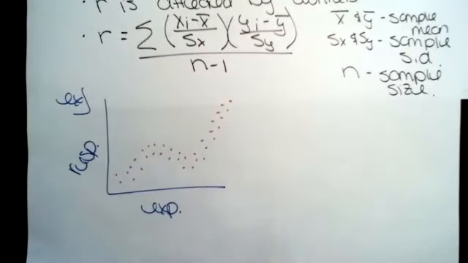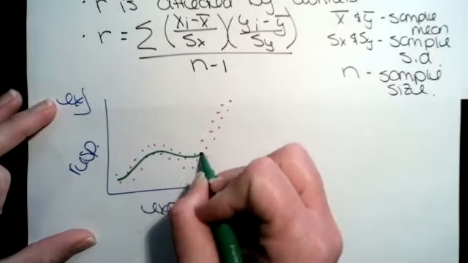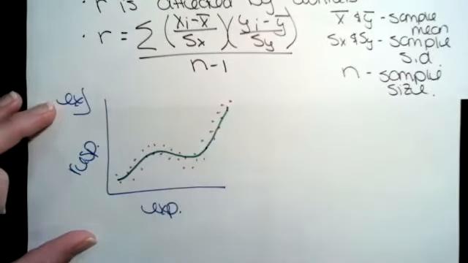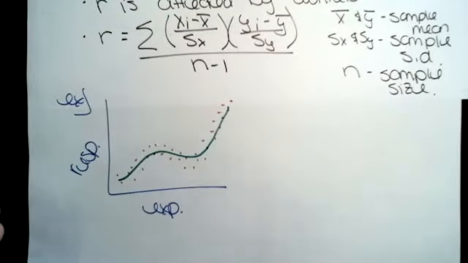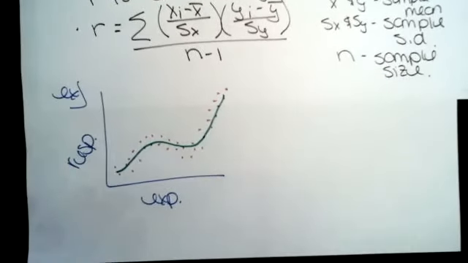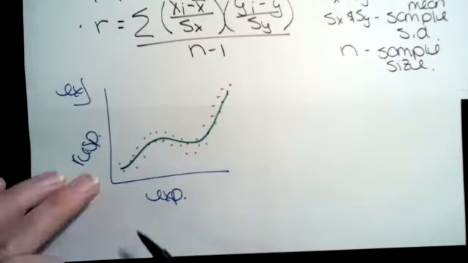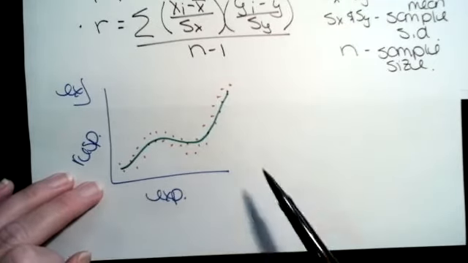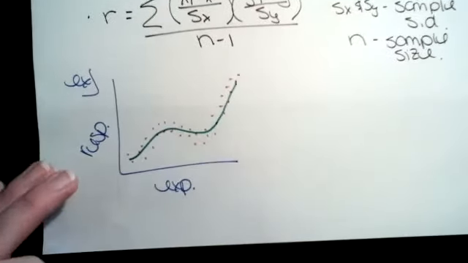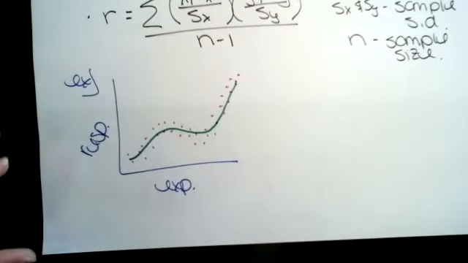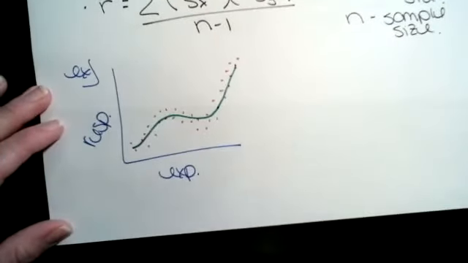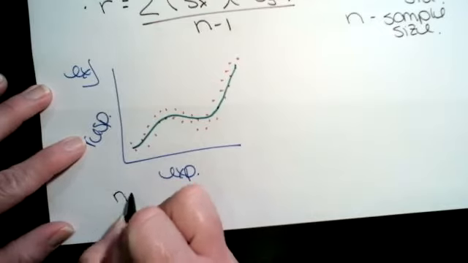We can see it, you could draw the curve and it follows this curve. So in this case, I would say yes, it looks like a fairly strong relationship, but it's not linear. So I would say it's a non-linear relationship.